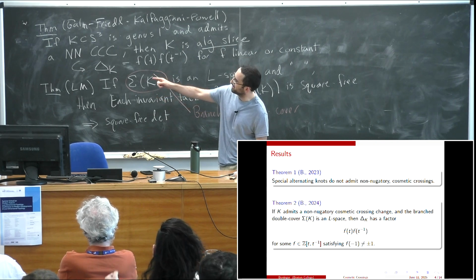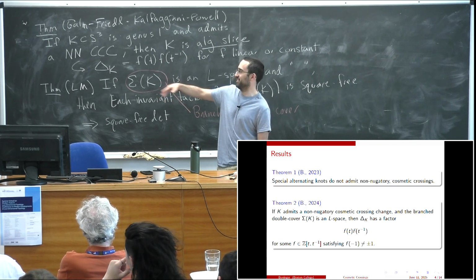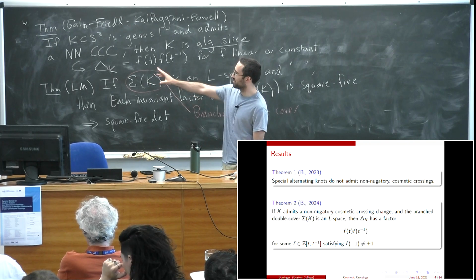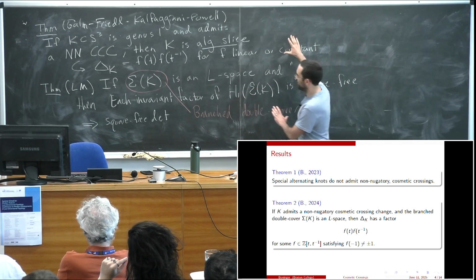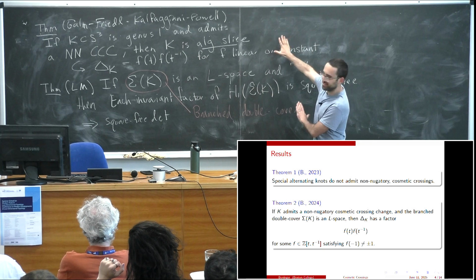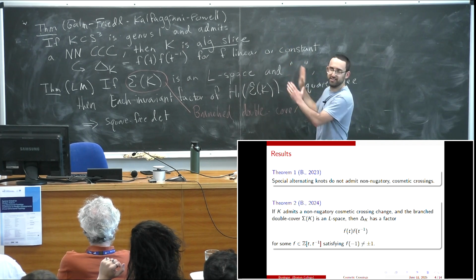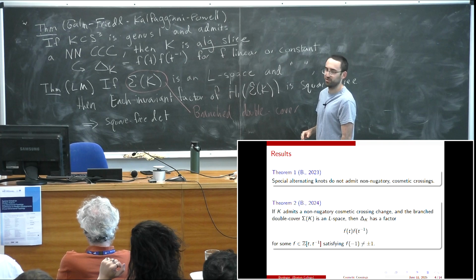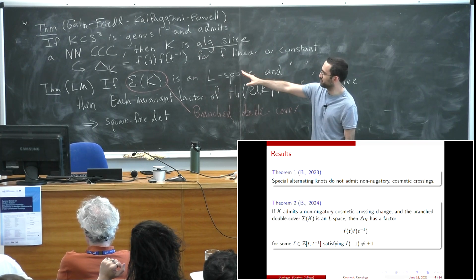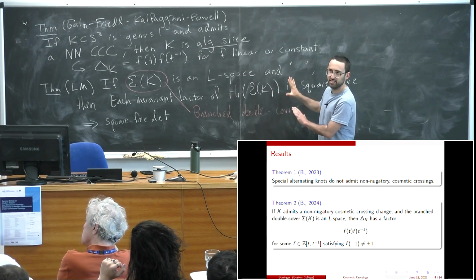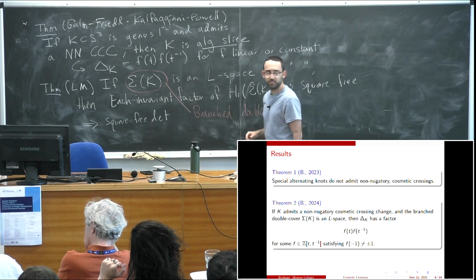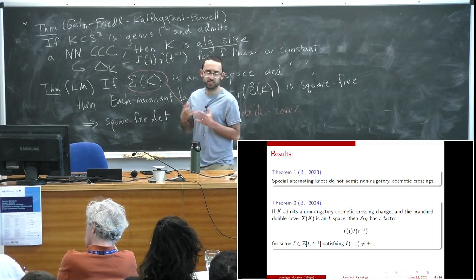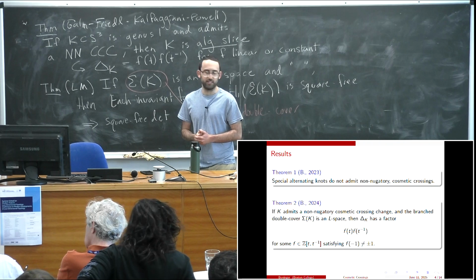Well, here I've written it backwards. If it admits one, it has a square factor in the determinant. So this result is not exactly either of these two results, but it brings them together in a nice way. Because here we have some kind of Fox-Milnor factor, and we can also say something about the determinant being square-free. And I'll talk a bit more about why this is showing up here later on.